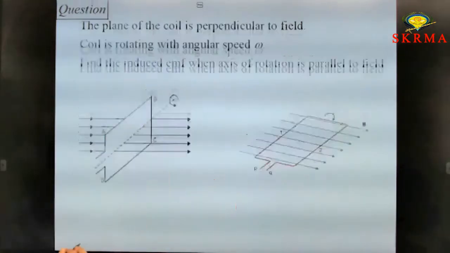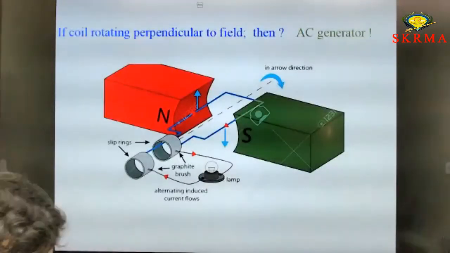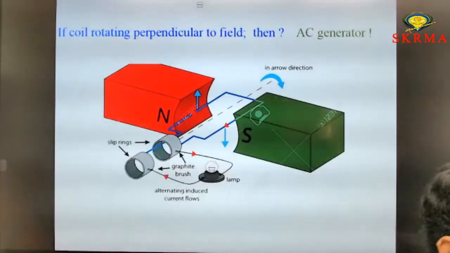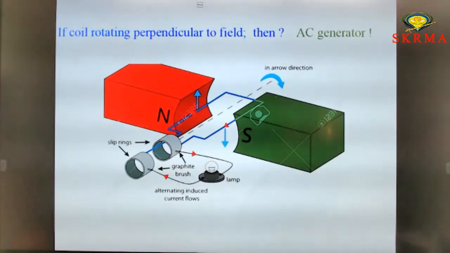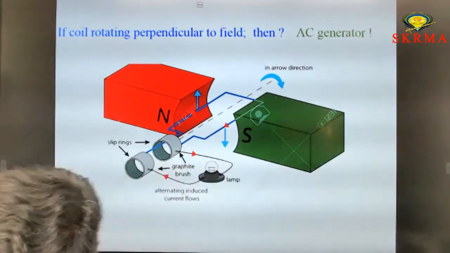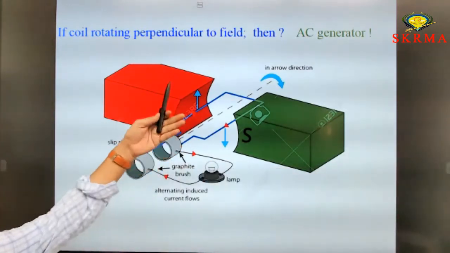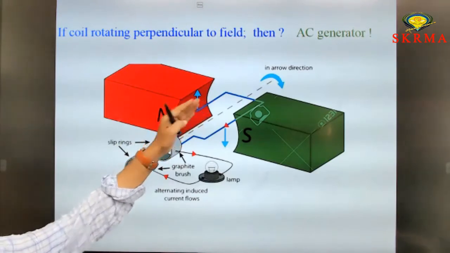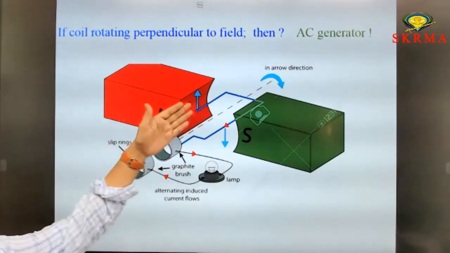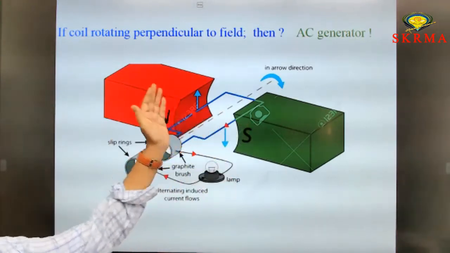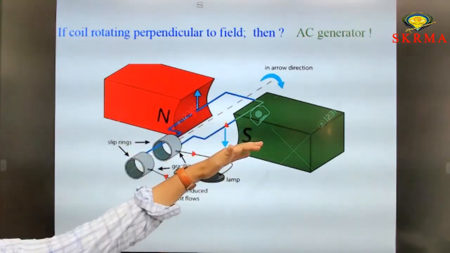In the other case, when it is rotated perpendicular to the field, that is the case of the AC generator. This is the basic application. Whenever you rotate the coil perpendicular to the field, most of the magnetic field lines pass through the rectangular coil from north to south.